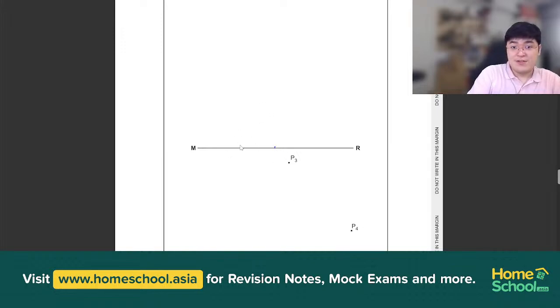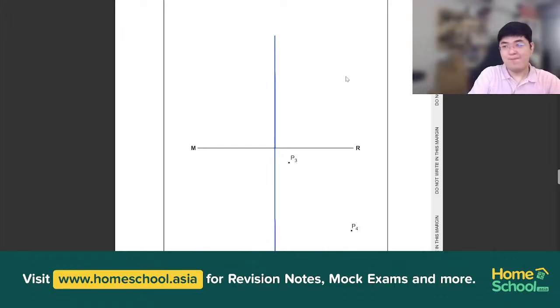Then you take your protractor, put the center point over here, and make sure this is 90 degrees. Once that is done, you should be able to draw a nice long line. That is the normal, and we have to name this NL. This is our normal.